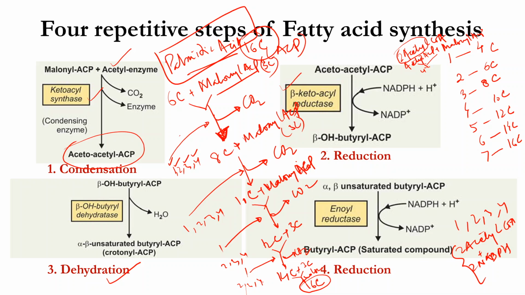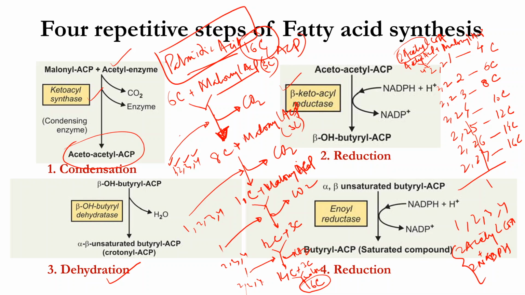So if we can see here how many acetyl coenzyme A or how many NADPH is basically needed for the synthesis of 16 carbon. So 2 ATP plus 2 NADPH here, again 2 ATP plus 2 NADPH, and so on for each cycle. Just calculate here: 2, 4, 6, 8, 10, 12, 14.